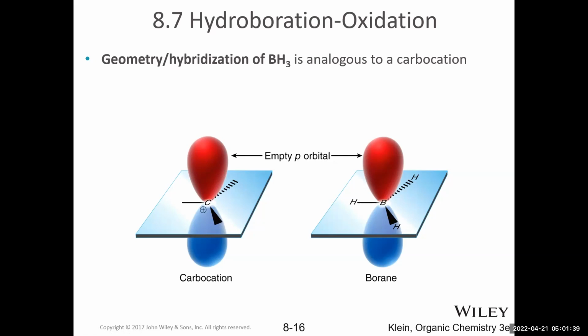Although it doesn't have a formal positive charge, based on the way that formal charge is calculated, it still has an empty p orbital, and the boron still lacks an octet, similar to the carbon in a carbocation. As a result, that boron is electrophilic, just like the positively charged carbon in a carbocation, which means that nucleophiles can attack it by donating electrons into that empty p orbital.